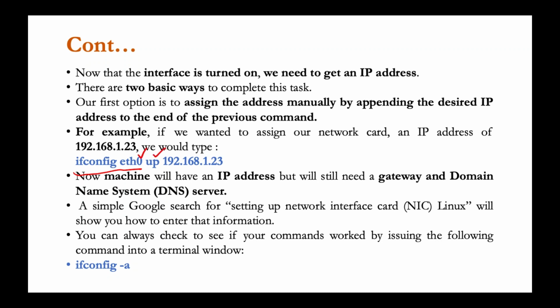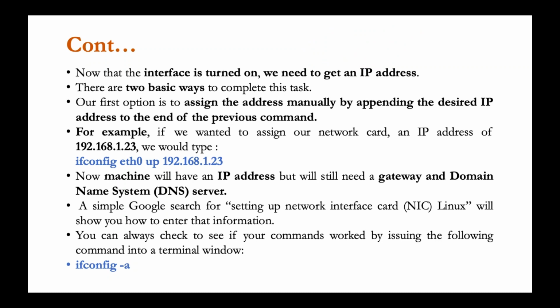Suppose this port is eth0, then you need to assign an IP address to this one, so you can give a private IP address, whatever you mention, like 192.1, and this IP address will be given to that.